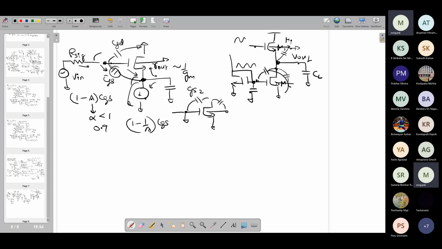At this node, if I break the Miller capacitance and I take that 1 minus 1 upon A component, it will be 1 minus 1 upon A times CGS. What is this value? It is a negative value, because A is lower than 1. 1 minus 1 upon 0.8, 0.9, whatever, times CGS. And therefore, it is going to give you something negative, right? Minus 0.2 by 0.8 times CGS. What does a negative CGS mean?